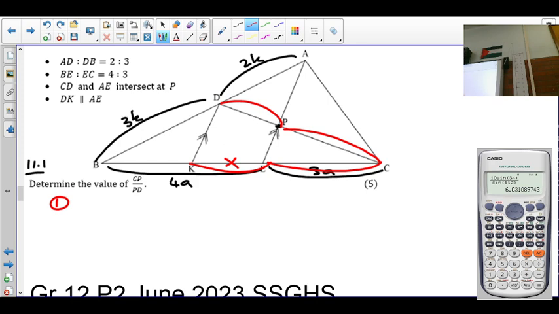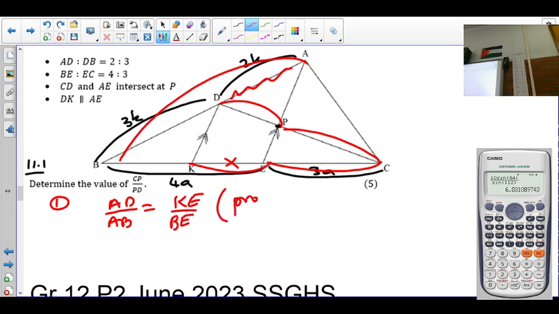So now, look at this triangle here. You can say that DA over AB is equal to KE, and that's what I need, over this whole length of BE.